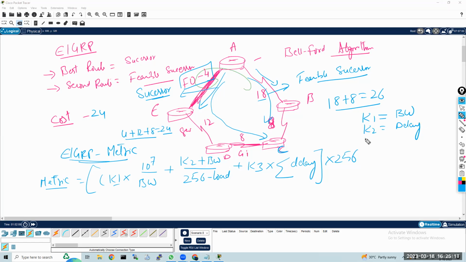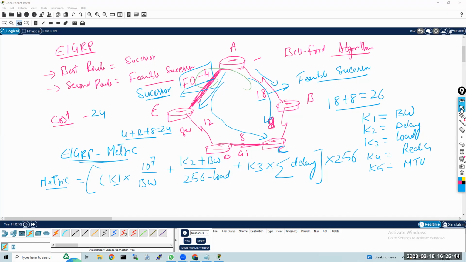K2 is delay. K3 is load. K4 is reliability. K5 is your MTU, maximum transmission unit. This is how your EIGRP is going to calculate the metric. Understood, guys?